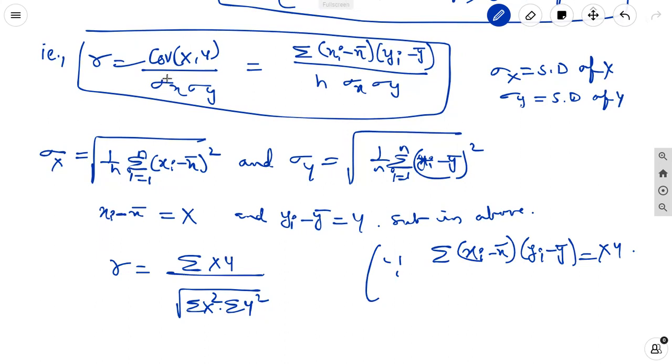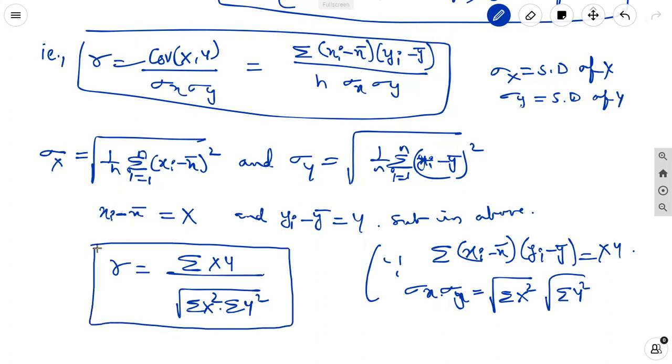After simplification, sigma x equal to under root of summation X square, because the 1 by n cancels here, and sigma y is under root of summation Y square. Why? Because we know that X equals xi minus x bar whole square under root. So this is the correlation coefficient.